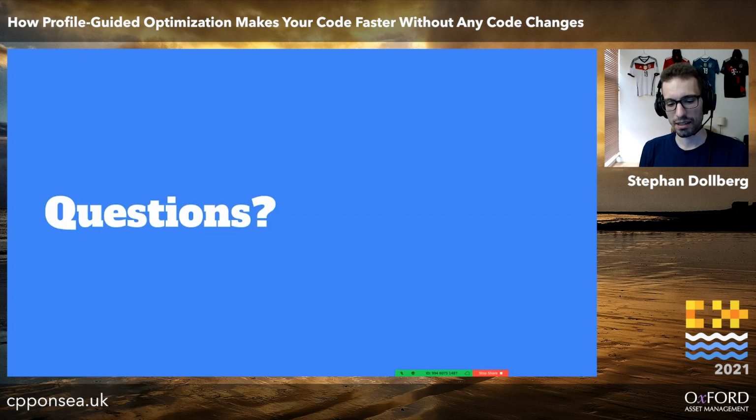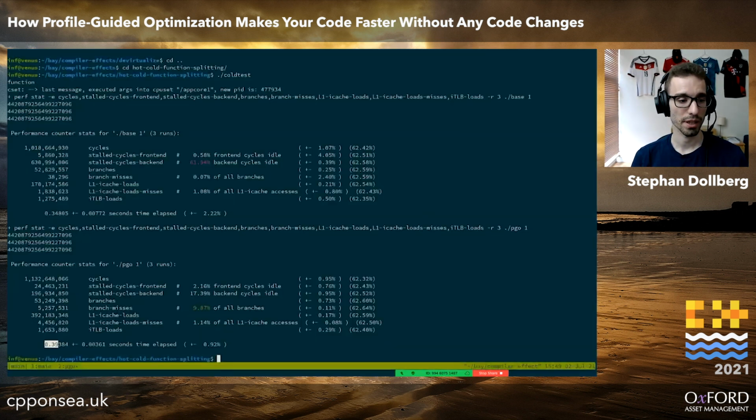With ML, you very often have this bias problem, which you probably have less here, because it doesn't really matter whether your value is 5 or 10, as long as you take the same branch. As for the second part: if the profile goes wrong, the performance goes the other way. Yeah, that's definitely the case, like we saw in this cold test example here. You need to train on the right data. That's very important.